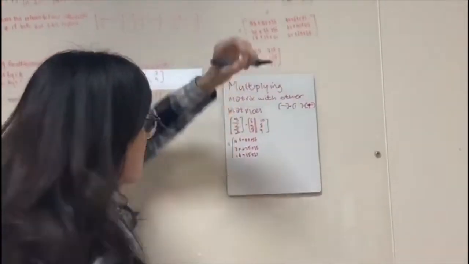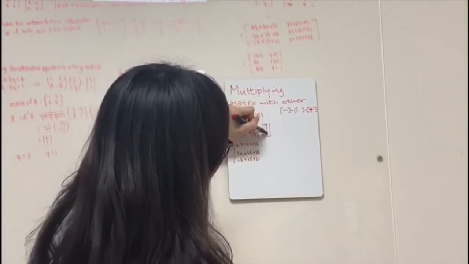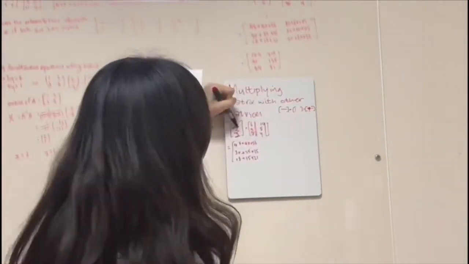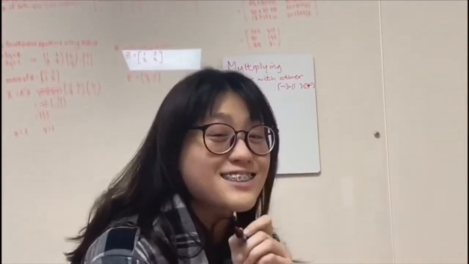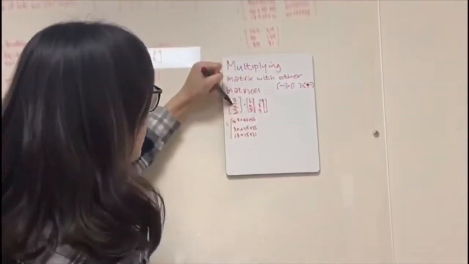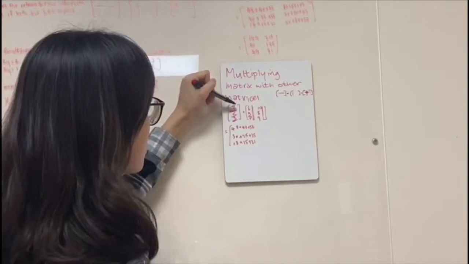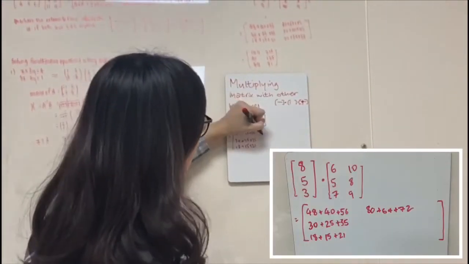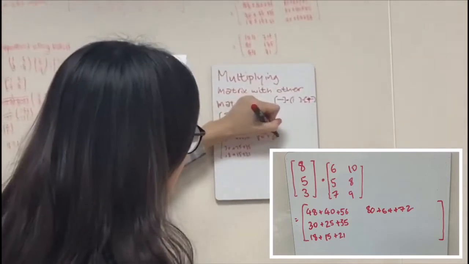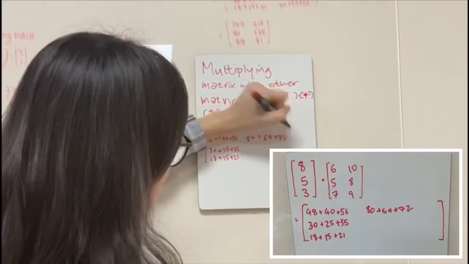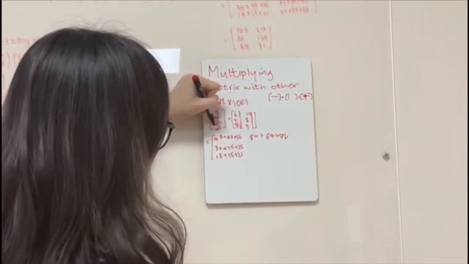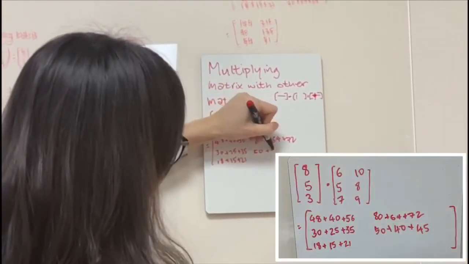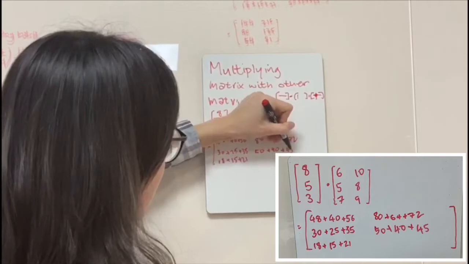And then we're going to move on to the next column, but we're going to repeat the rows. So it's going to be 8 times 10, 8 times 8, and 8 times 9, which is going to be 80 plus 64 plus 72. And then we move on to 5 times 10 and so on, which is 50 plus 40 plus 45.